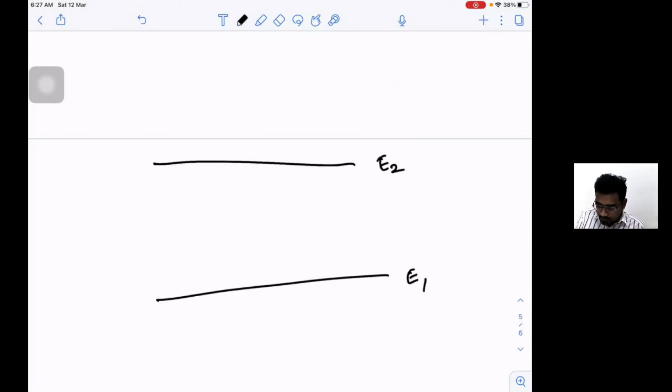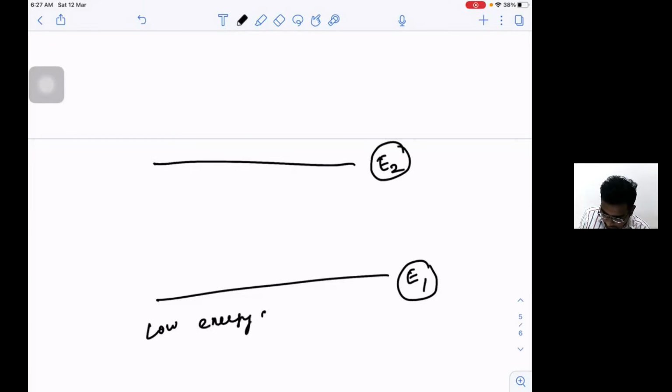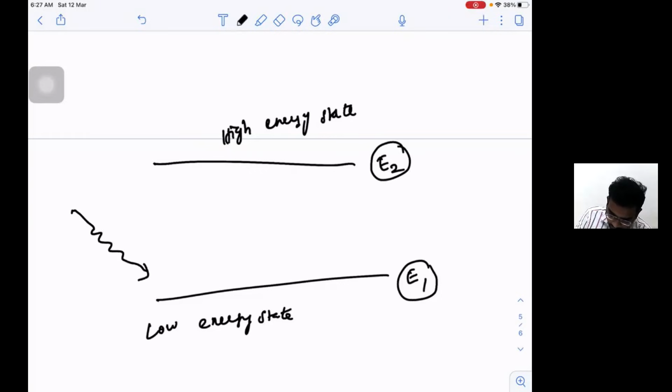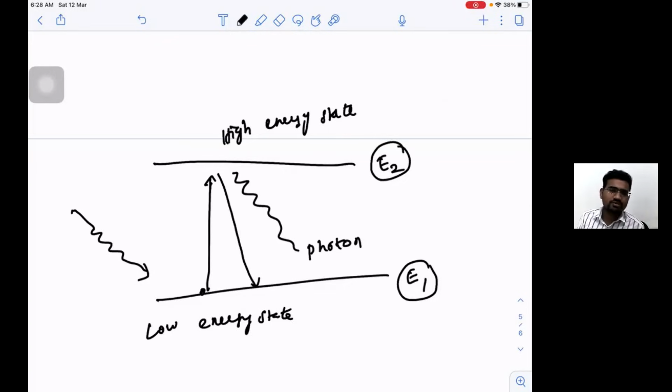So the electrons from E1, the low energy state, go to the higher energy state whenever an incident photon hits them, and at some point of time they come down to the lower energy state and release a photon. This is a very basic principle. This is spontaneous emission.